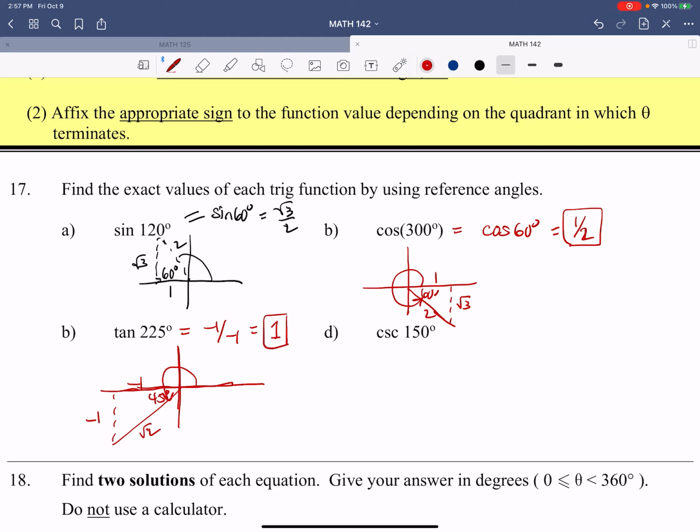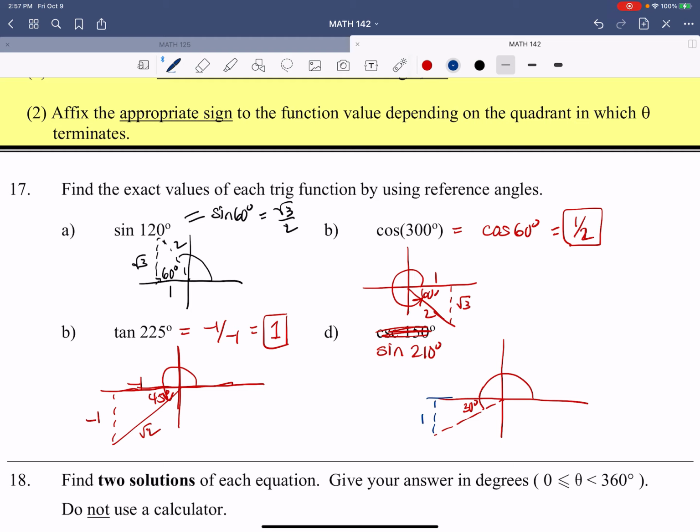So here we go. Now I'm going to change this to make it something a little bit more interesting. I'm actually going to change this to sine of 210. 210 lands us in the third quadrant. It's 180 plus this 30, and special triangle, big surprise.